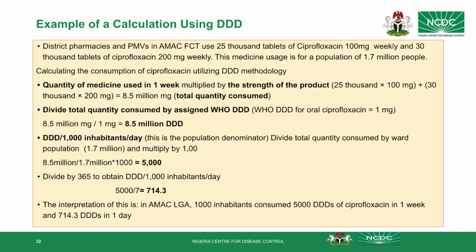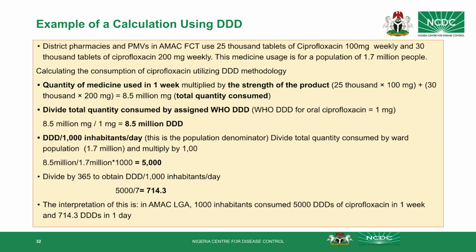So a very good example, as you can see, is that of the district pharmacies and PMVs in AMAC FCT Abuja. Let us also assume that the population of AMAC FCT is 1.7 million people.